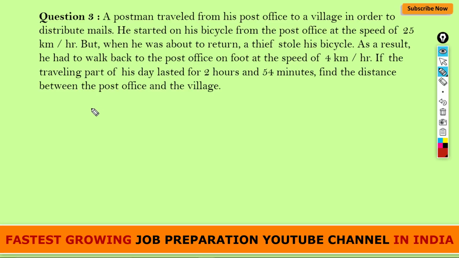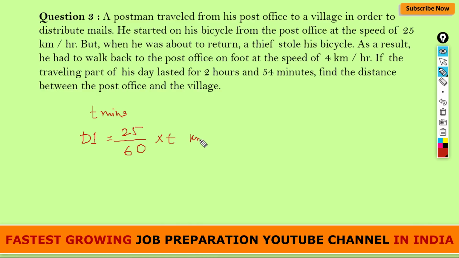So what we need to do first is, let us assume the time taken by the postman to travel from the post office to the village is equal to t. We have taken it as t minutes, okay? According to the situation, the distance from the post office to the village, for example, let us take D1, equal to 25 by 60 into t kilometers.